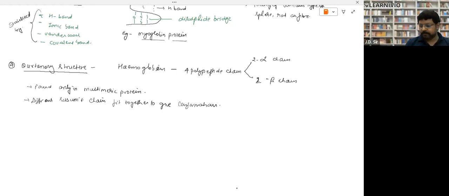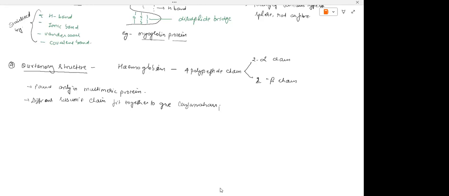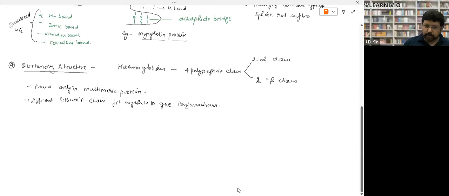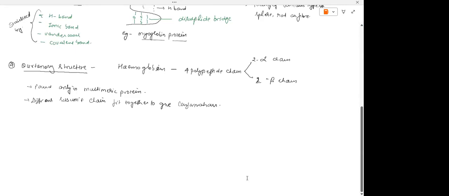Go through it and ask me. And if you have any doubt, in the next class I will start with it. Today we have done protein, and secondly primary metabolites we did, and protein. Next class we'll start from the polysaccharides onward, right? Ask me if you have any doubt. Go through your NCERT and ask me if you have any doubt. So what's the difference? What different subunit? Okay. Okay, thank you. Welcome.